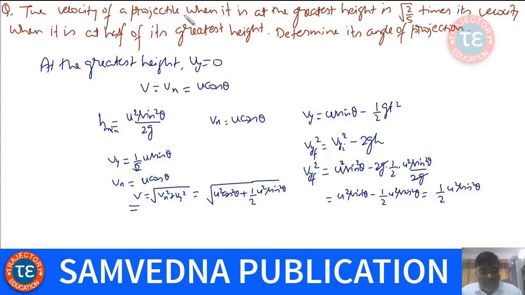It says the velocity of projectile at the greatest height, u cos theta, is root 2 by 5 of the velocity at half of the greatest height.